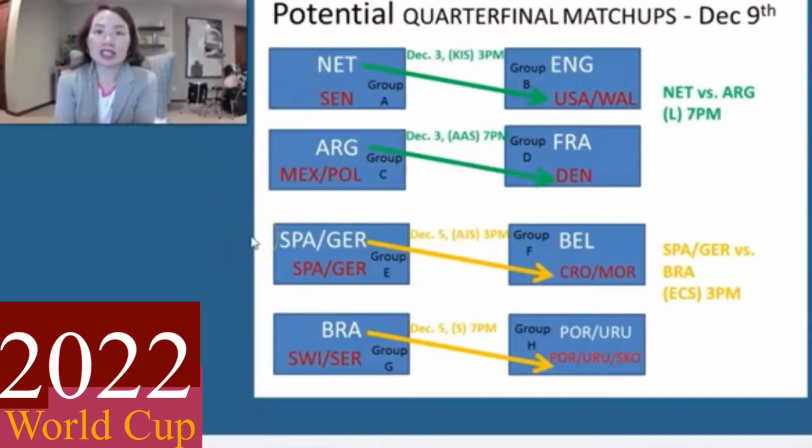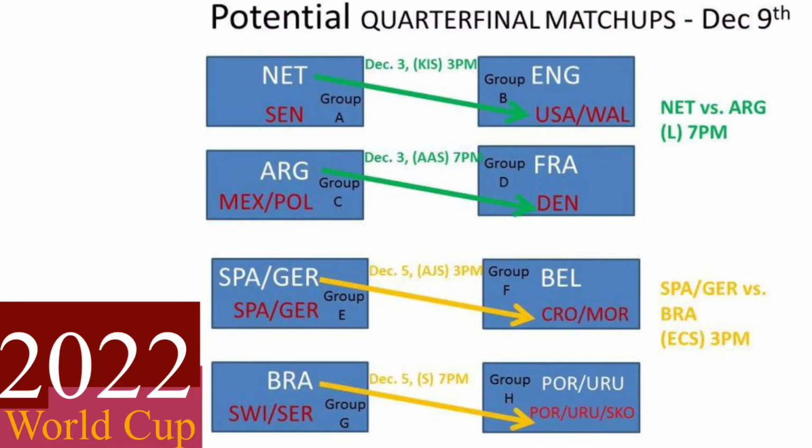Let's take a look at the potential matchups we might see in the quarterfinal. I don't see any potential upsets in the December 3rd matches. So the 7 o'clock match will most likely be between Netherlands and Argentina.